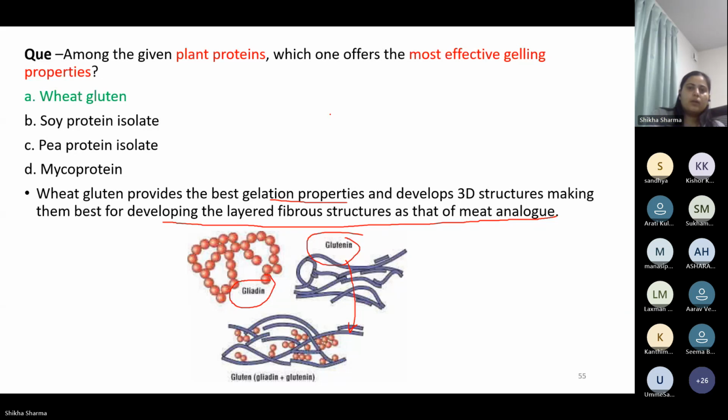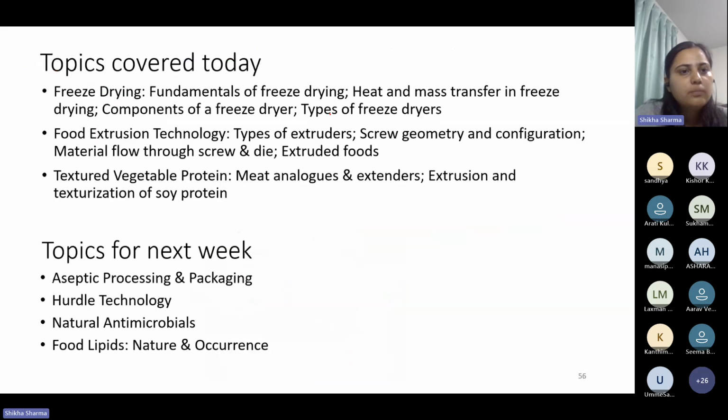So this is the last question. The topics we covered today are about freeze drying. We discussed the fundamentals of freeze drying, heat and mass transfer in freeze drying, the components of the freeze dryer, and types of freeze dryer.